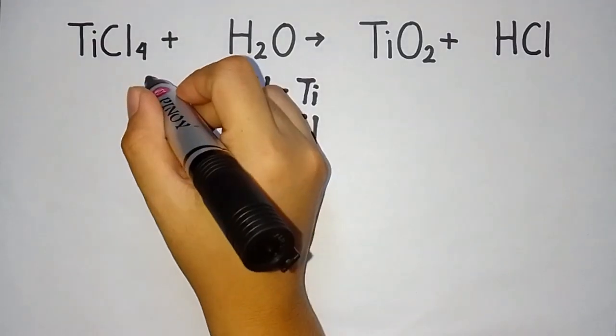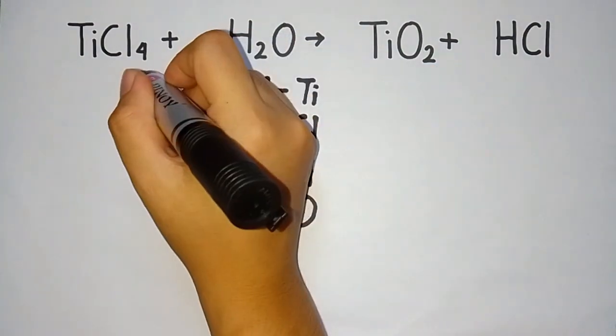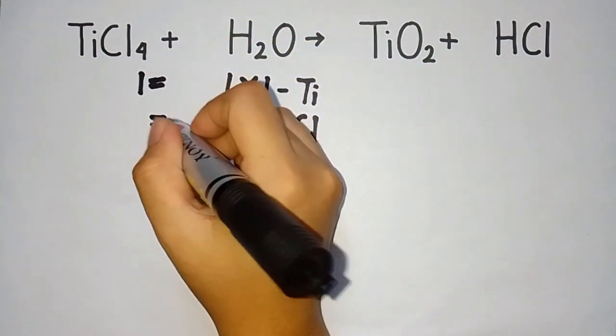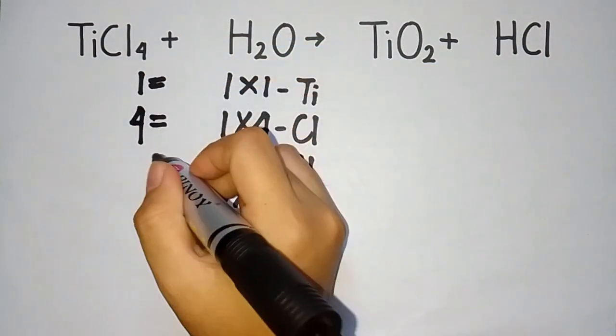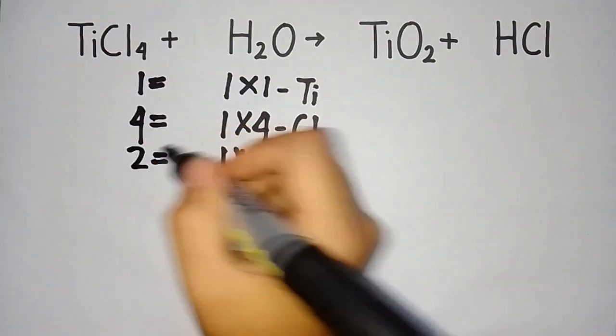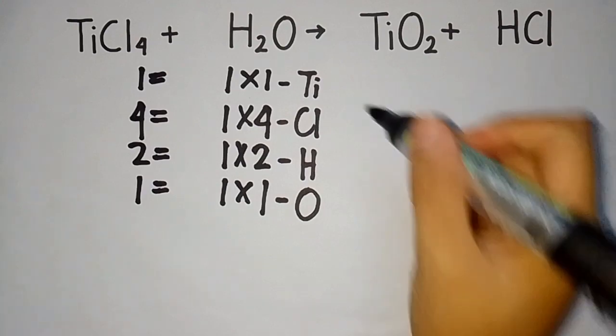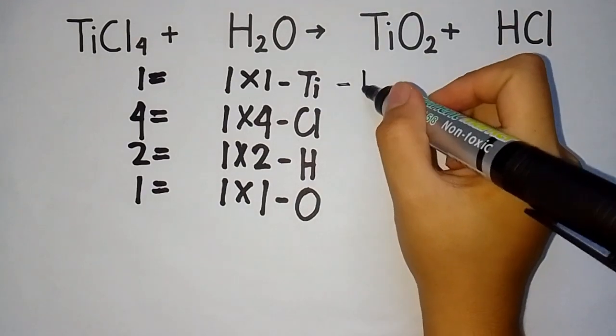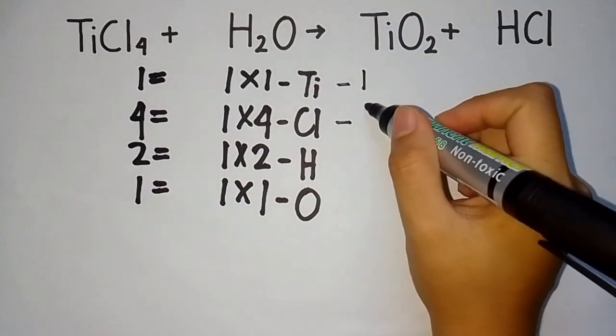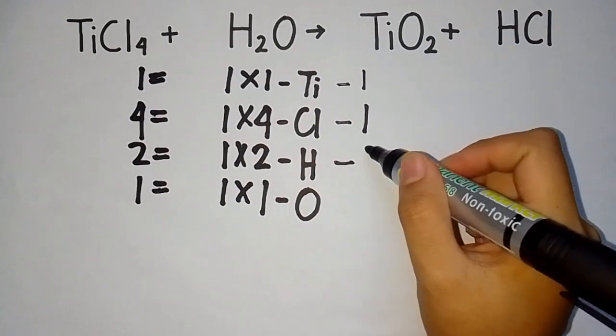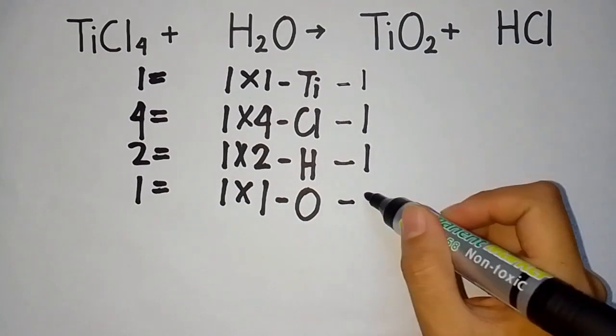Now, we will multiply each element. First, 1 times 1 is 1, 4 times 1 is 4, 2 times 1 is 2, 1 times 1 is 1. Next, the product side. The subscript of Ti is 1, the Cl is 1, the H is 1, and the oxygen is 2.